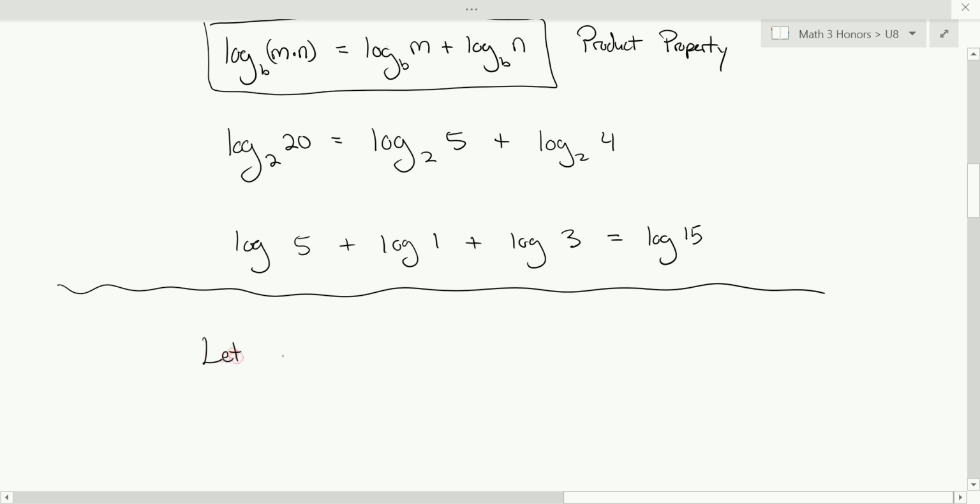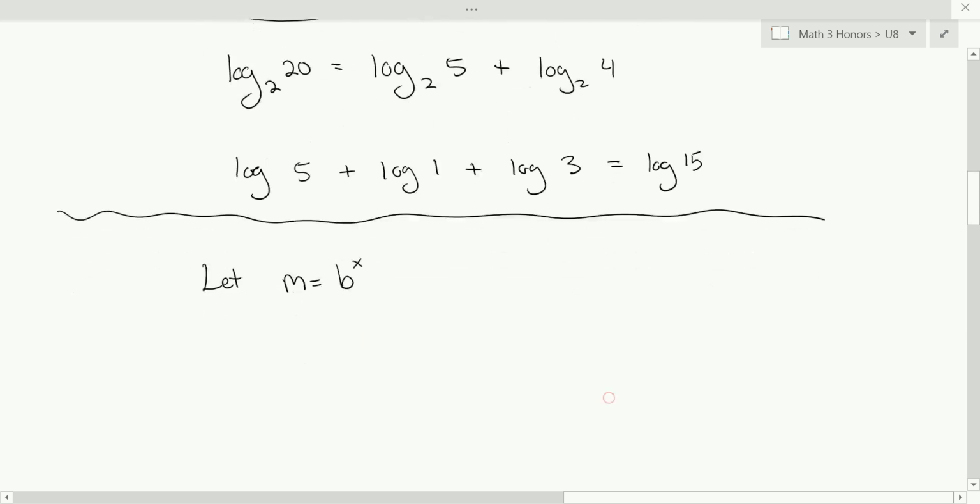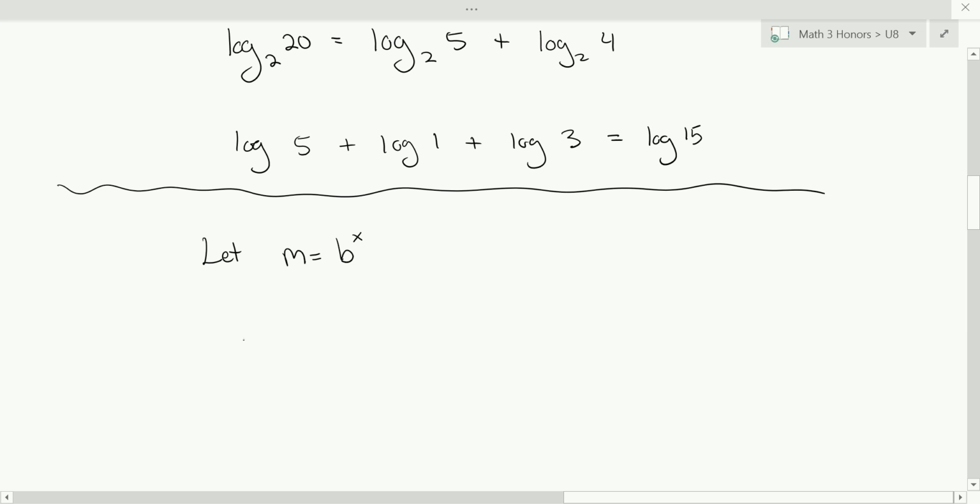So we're going to let m equal b to the power of x again. And b to the power of n times x, using rules of exponents, we could say that, well, that's b to the power of x to the power of n.